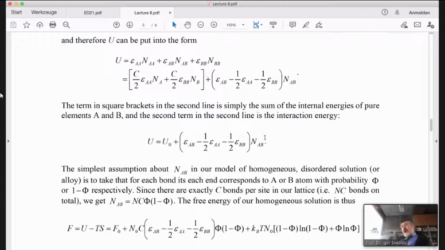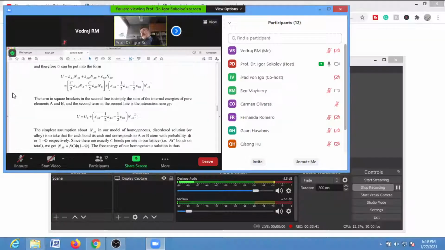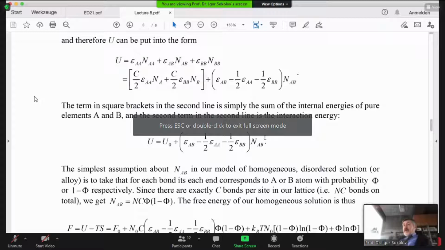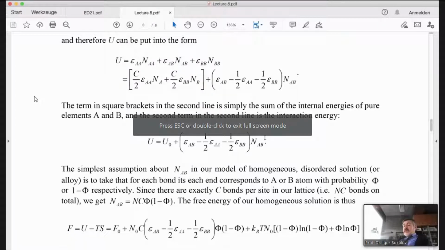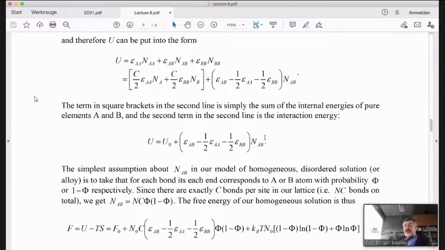And now let us have a look. First, what will be the situation if they do rearrange?